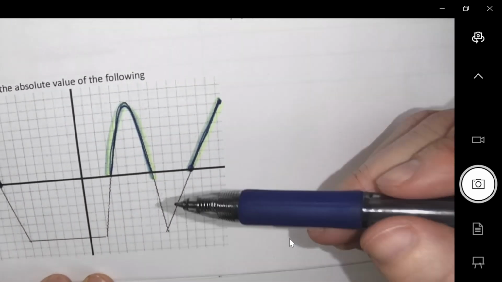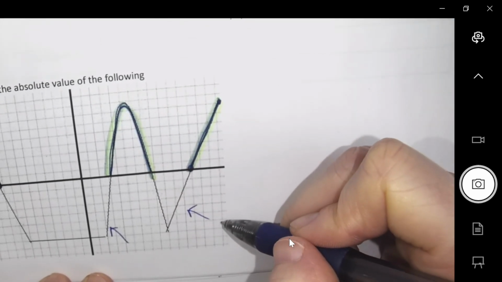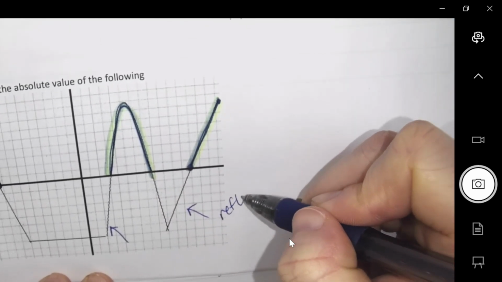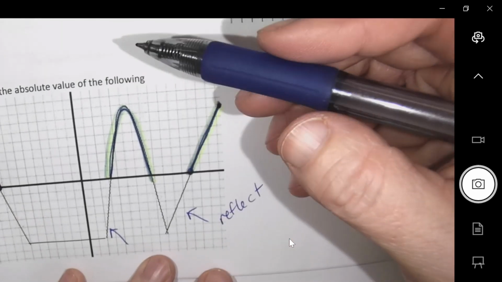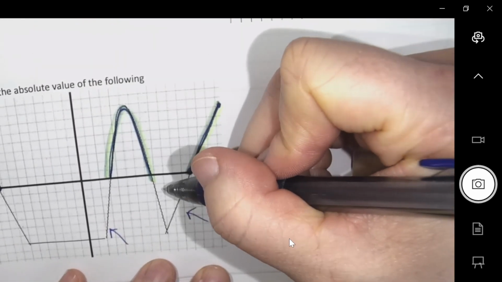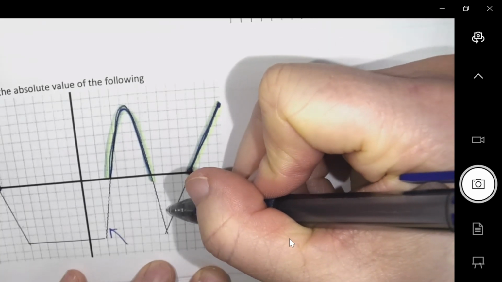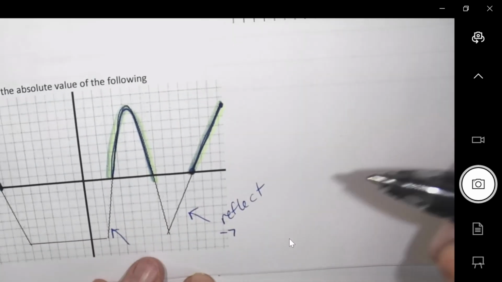Okay, now these two pieces are going to have to reflect, right? Because they were negative heights, so now I've got to change them to be up. So everything should always be above the x-axis. So what is that up to? A 7, right?